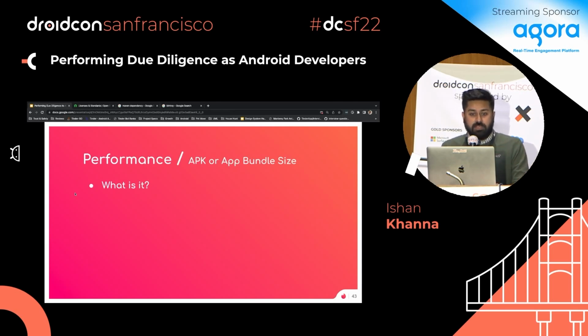Certain times this will not be a problem because now Google allows you to split things based on device architectures, but still something to consider. As you all know, Google has talked at a number of Google I/Os and conferences about how app size directly impacts the way your app is downloaded, perceived and used, especially in markets that are still emerging, where data is still costly or the devices don't have a lot of storage. This becomes important for you.